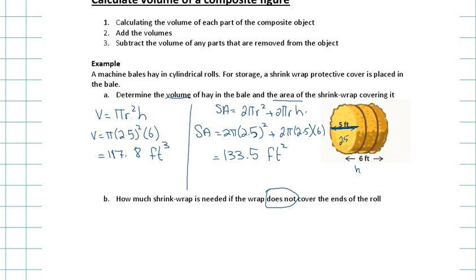So I'm looking only at this part of the formula now, because that's the surface area of the lateral face. If you go back to your notes, it tells you that the area of the lateral surface is equal to 2 pi r h. You see it? That's the only thing that I need to look for in the second part.